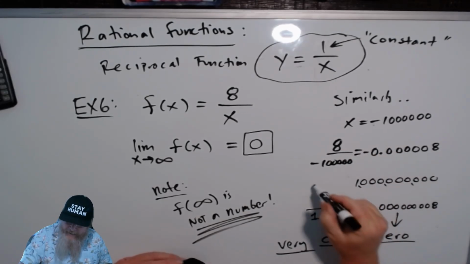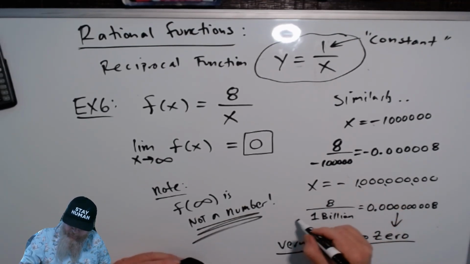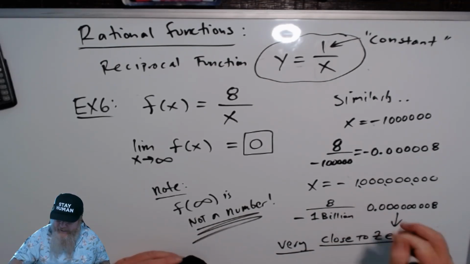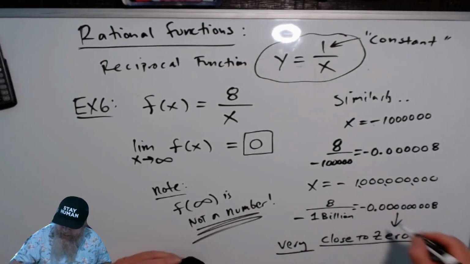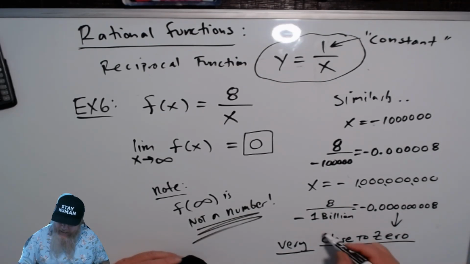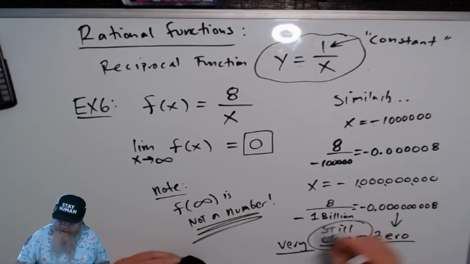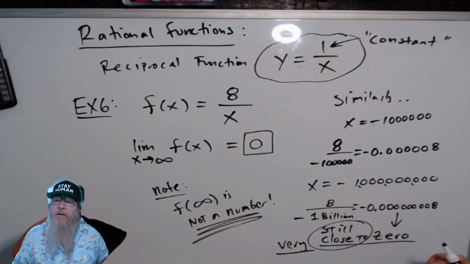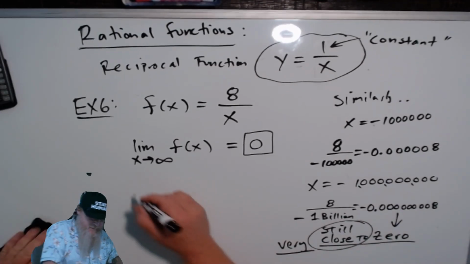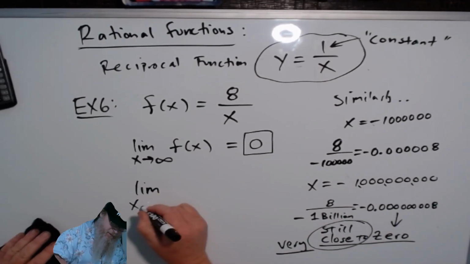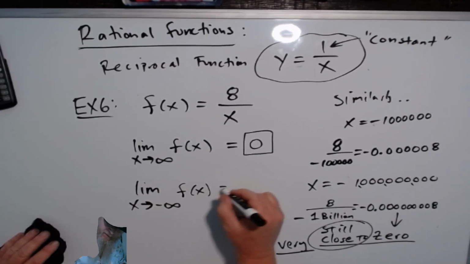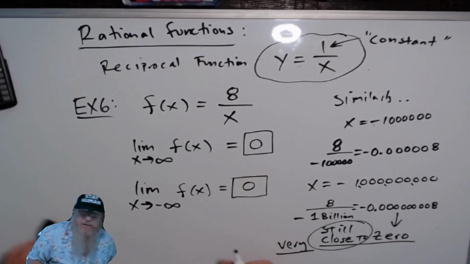And if I do negative a billion, instead of a positive a billion, I'm just going to get the same value, but it's going to be negative. It's still very, very close to zero. It's just negative. So, as x goes to negative infinity, it is still getting very close to zero.